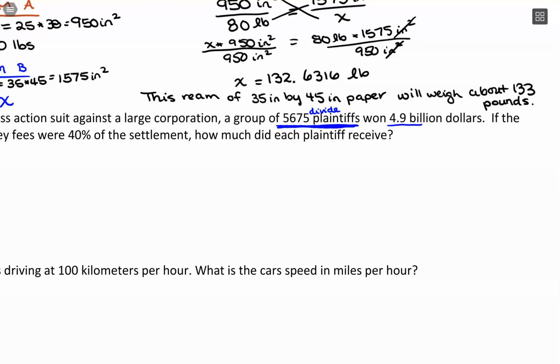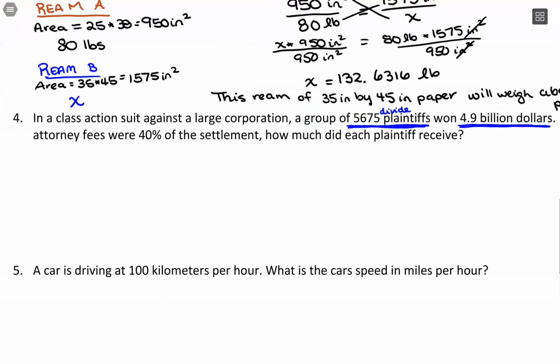This is their initial winnings that they got, the $4.9 billion. And then what we have are attorney fees. So that's something we're going to have to pay out from the winnings. So this is going to decrease the winnings amount by 40%. So when they give you units like this, $4.9 billion, we're going to want to change that to a big long number because this number is going to decrease down and can be hard to work with as those units change.